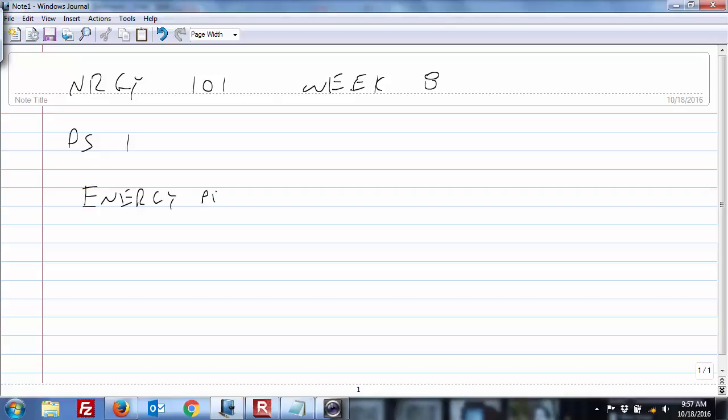Energy per person per day. So one way to write that, you could just say, energy, put a little subscript P, and then D for day. So that's how you'd write it mathematically.